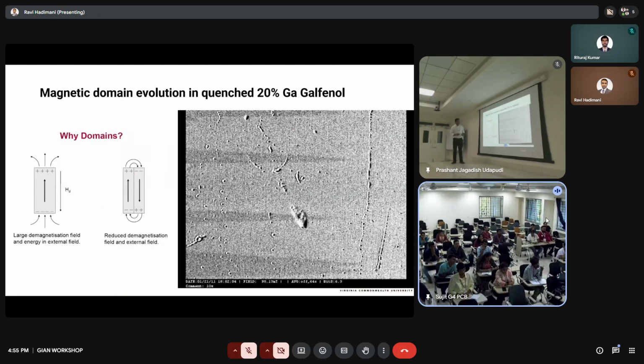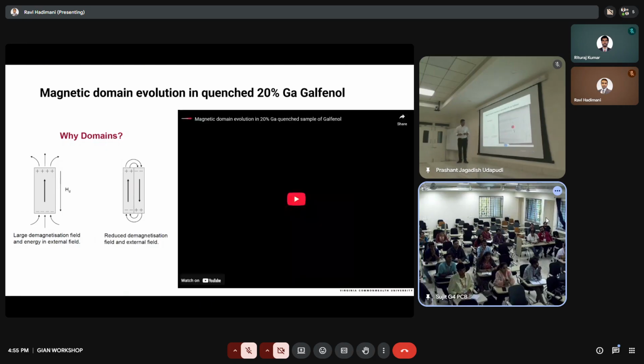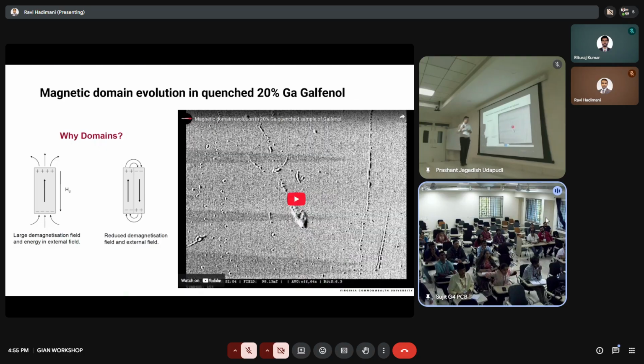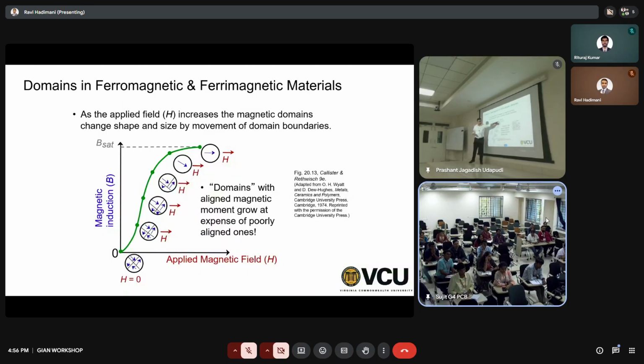Okay, so now why should domains become one? If at high magnetic field there's only one domain, why can't materials exist as one domain? Why should they exist as multiple domains? Right? So this is the ground state.